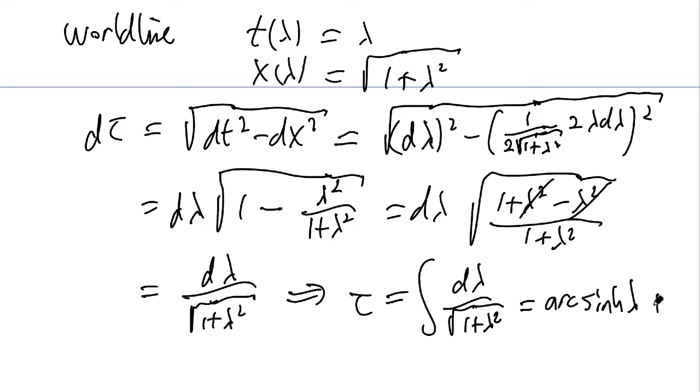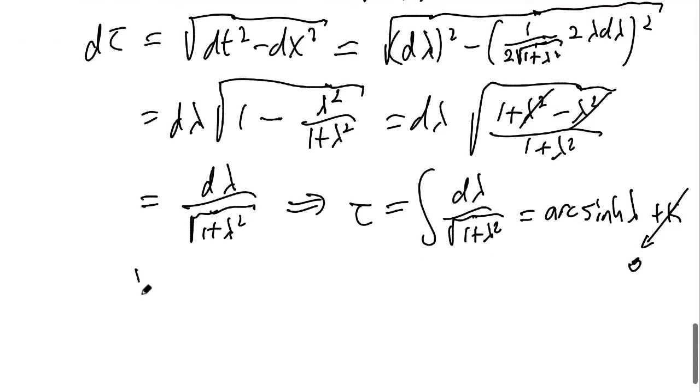And of course we can add a constant to that, since this is an indefinite integral. But this constant, notice, just shifts where we choose tau equals 0 along the world line. So just for convenience, let's set that equal to 0. All right, so this tells us that lambda is hyperbolic sine of tau.